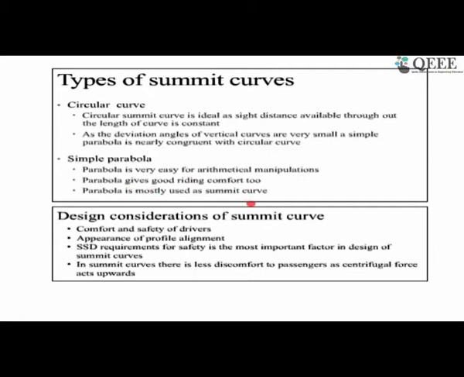Why? Again, you can recall the things which we talked about in the horizontal curve. What we said in the horizontal curve is that between the curve and the tangent section, we need to provide a transition curve. So the transition curve helps to provide a transition from an infinite radius to a certain radius.